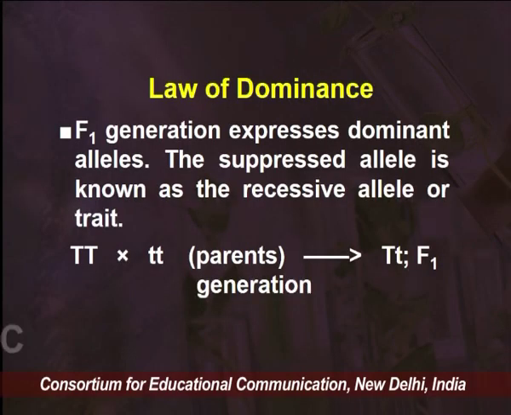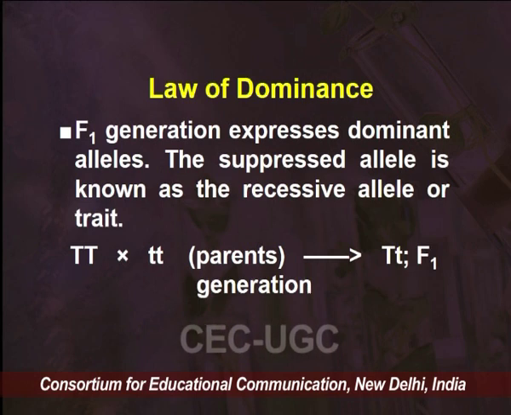The recessive gene was suppressed due to the presence of the dominant. So, the law of dominance is based on that experiment, that only one is dominant and will be expressed when two different alleles are present. The F1 generation expresses the dominant allele. The suppressed gene is known as the recessive allele or trait.